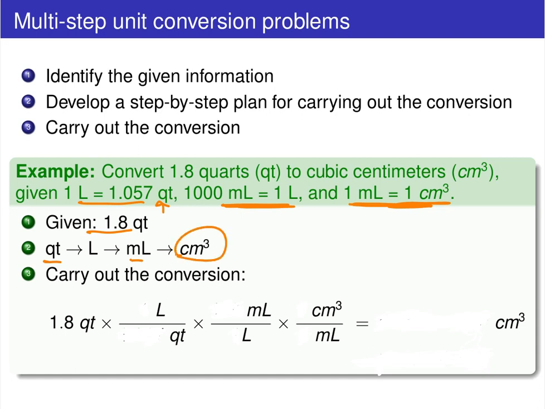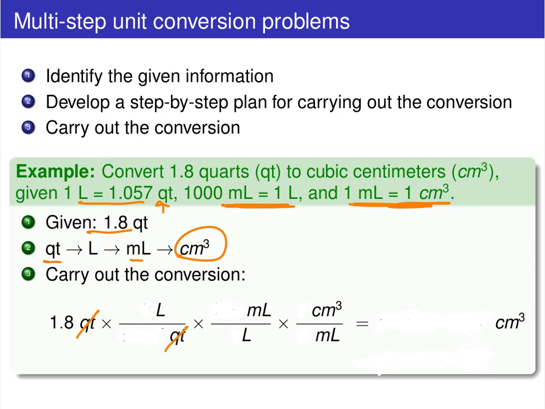Okay, so now that we have our pathway mapped out for us, we can start to build up that conversion by writing in the correct ratio of units in each one of these conversion factors. To go between quarts and liters, we need to cancel out the quarts, so we need quarts on bottom here, so the conversion factor needs to be set up as such: liters on top, quarts on bottom.